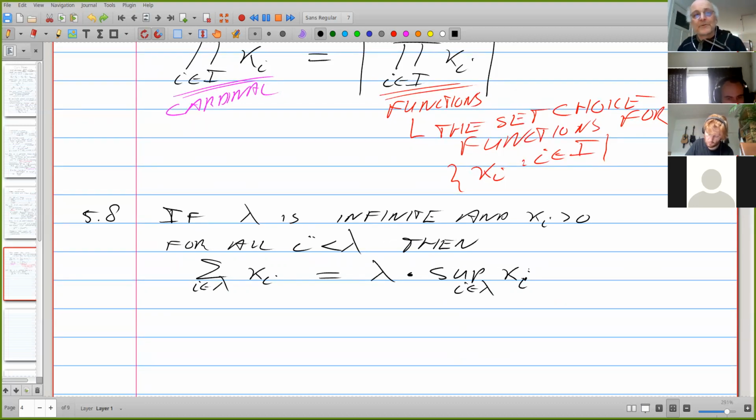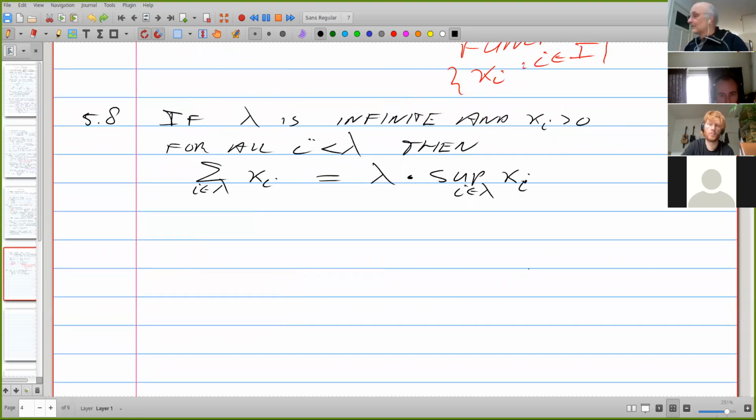So sums of cardinals, even if the family is infinite, become relatively easy. And so how does that work? Okay, kappa positive is not really necessary, but we need that in one case. Okay, so how does the proof go?